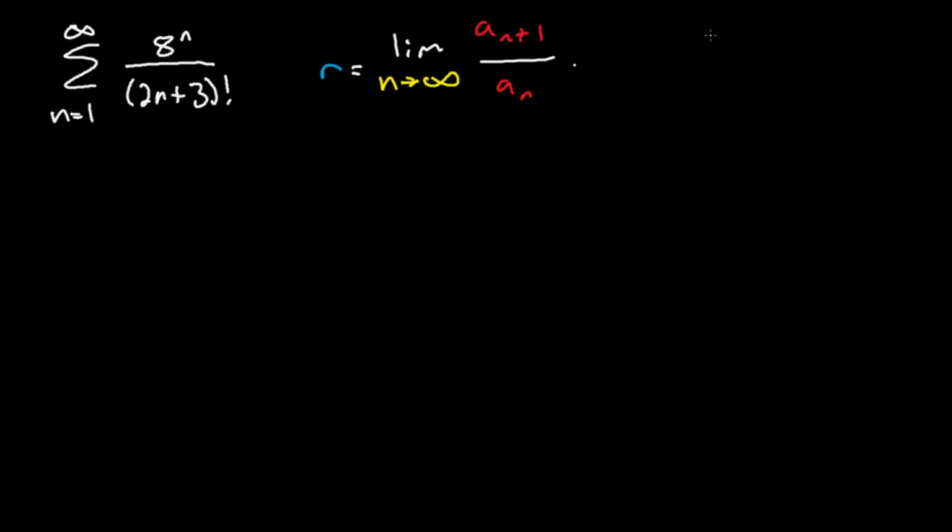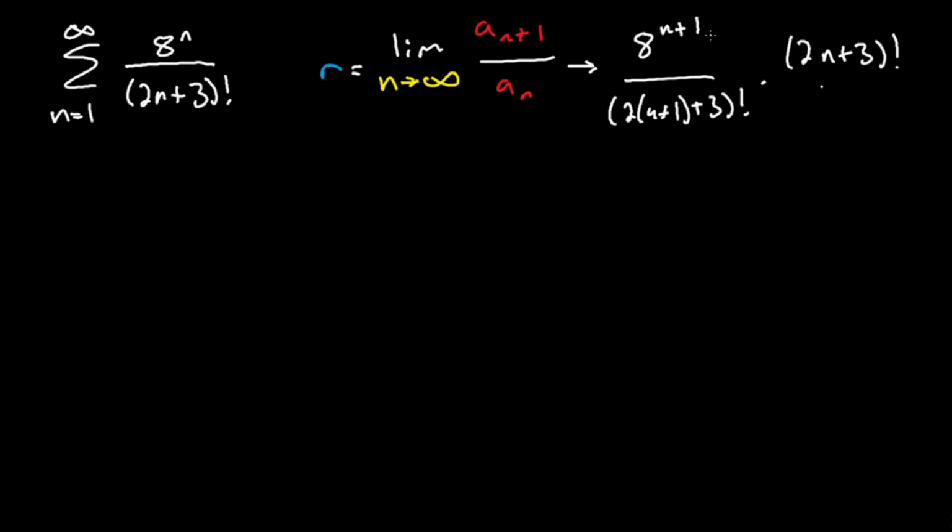So a of (n+1) is equal to 8 to the power of (n+1) over (2(n+1)+3) factorial times the reciprocal of a of n. We've done this enough, so I hope you know why I'm multiplying by the reciprocal, over 8 to the power of n. What we can do is separate this more. This exponential can be separated into 8 to the power of n times 8 to the power of 1 over (2n+5).